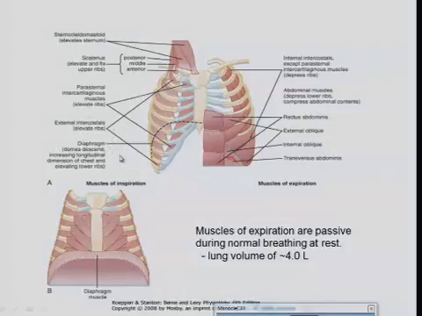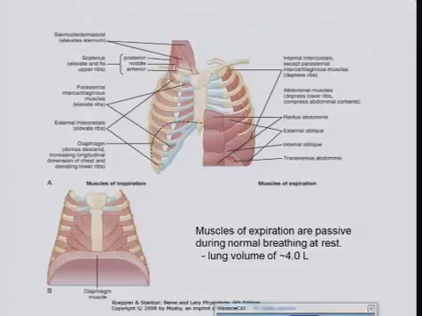Now, when we talk about expiration, it's very important that you understand under normal conditions, as you sit here, expiration is completely passive. And in this term, when we use passive, we mean that there is no muscle involvement. Expiration occurs with no muscle involvement.